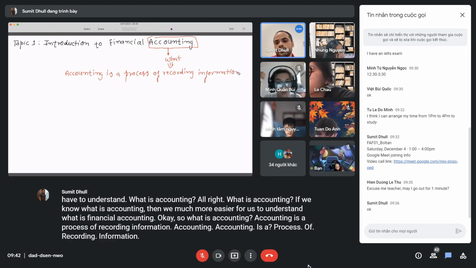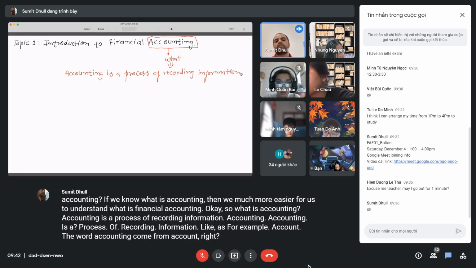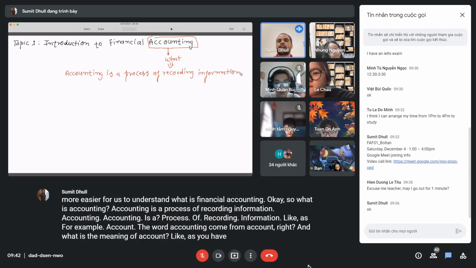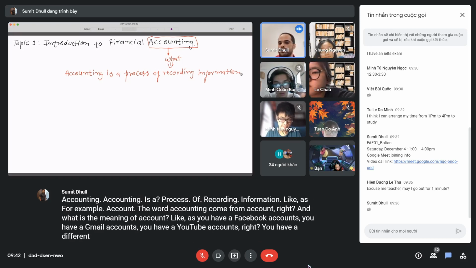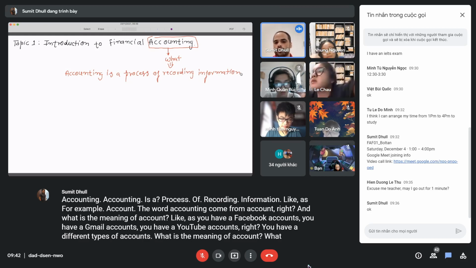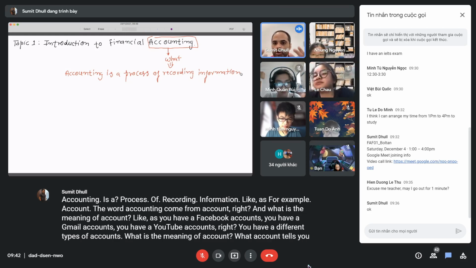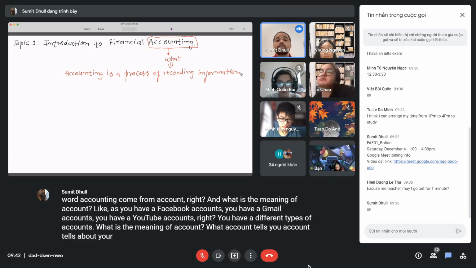For example, the word accounting comes from account, right? And what is the meaning of account? Like you have a Facebook account, a Gmail account, a YouTube account. You have different types of accounts. An account tells about your information, like your Facebook account.